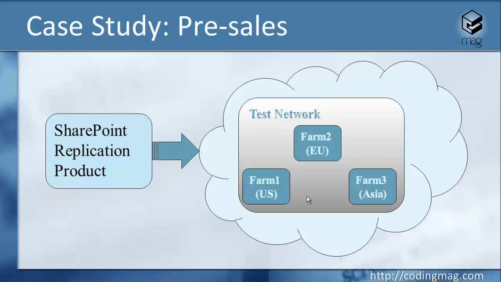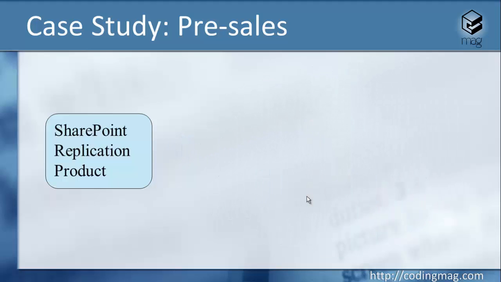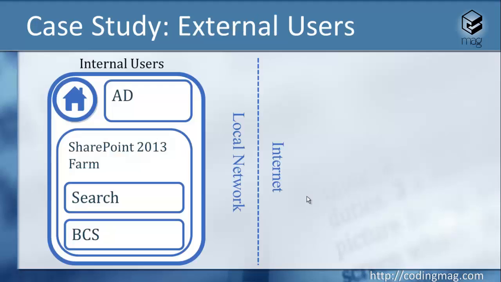So you deploy the replication product on that network, test it, and when you're done, just delete it, and you are no longer charged. So this is very less expensive than the on-premises alternative.